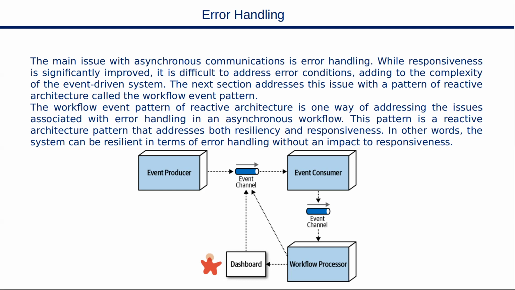So yeah, the workflow processor can try to programmatically make some changes to resolve it, like try to repair the data, the request, and then send it back to the original queue.